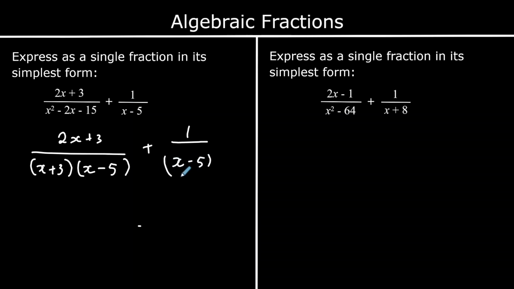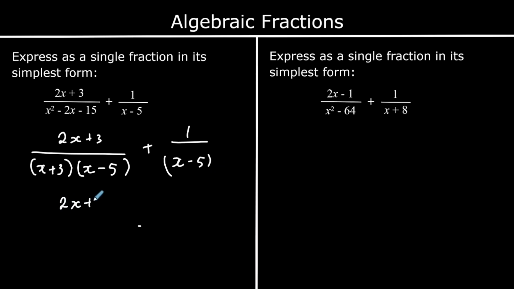So to make the denominators the same, because the first one already has x minus 5 in it, all I need to do is times top and bottom of my second fraction by x plus 3.